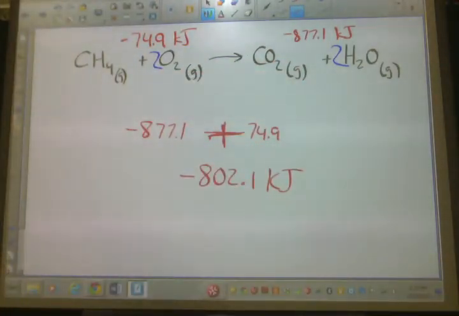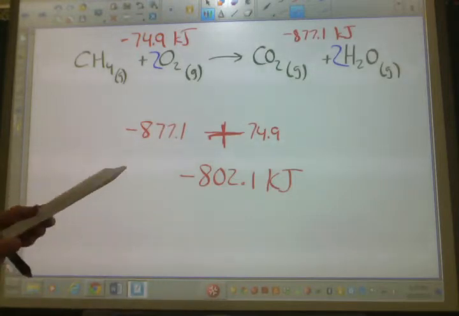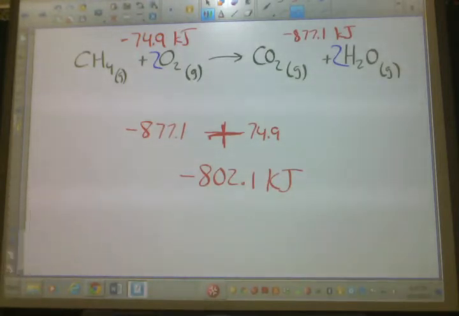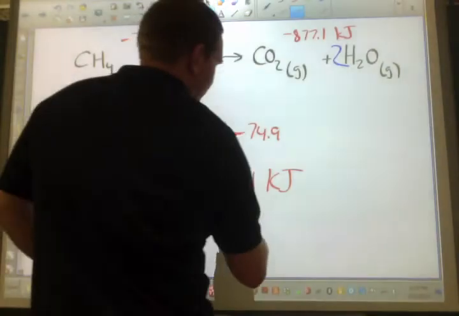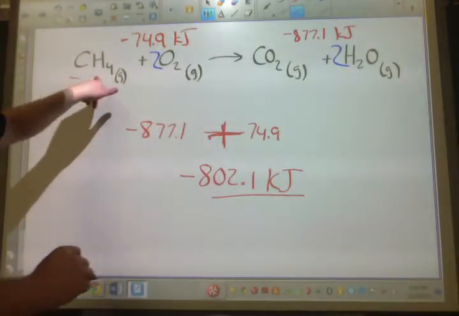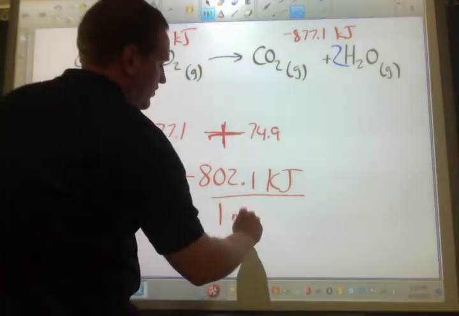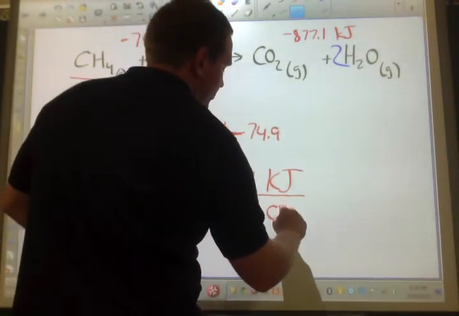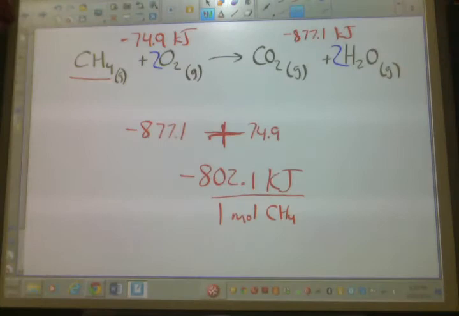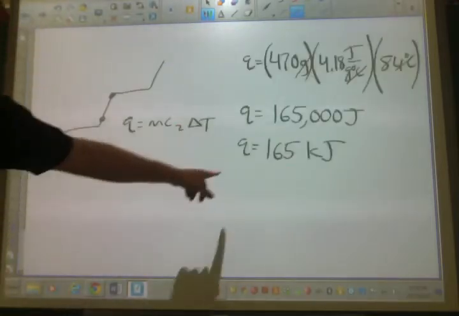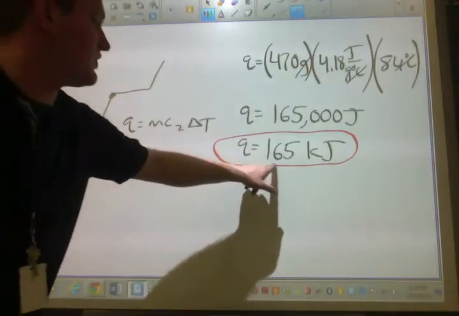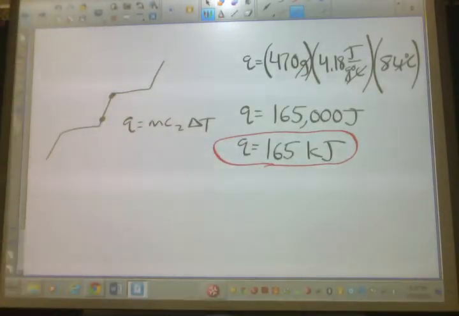We are almost ready to solve. In fact, we're ready to do our final step here. So this is the kilojoules per, now we're talking about methane here, per 1 mole of methane CH4. What we're asked for in the problem is how many grams of methane are we going to have to burn in order to produce this much heat. Remember, this was the heat required to heat up that cup of water.